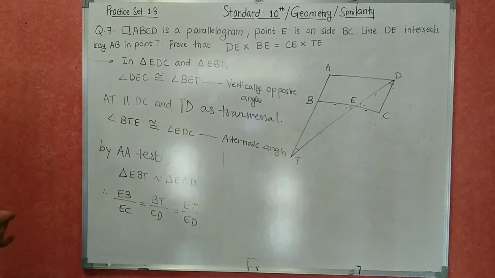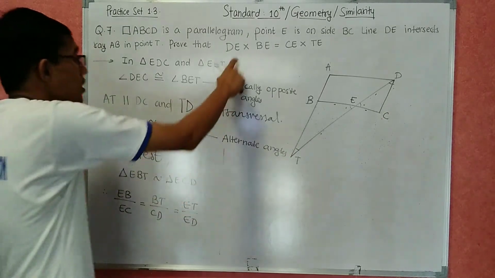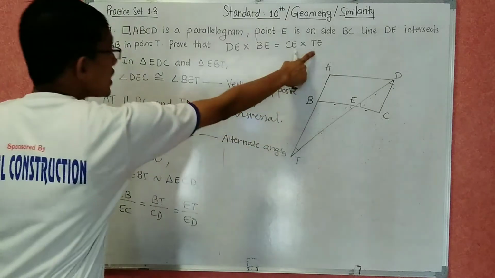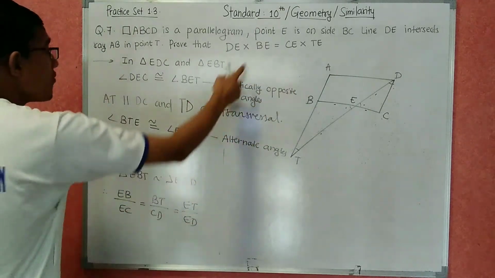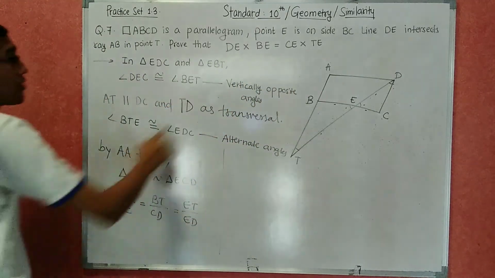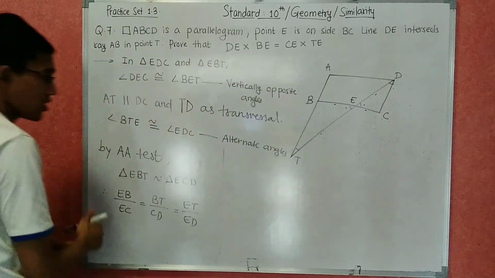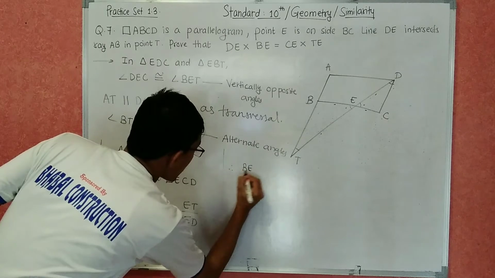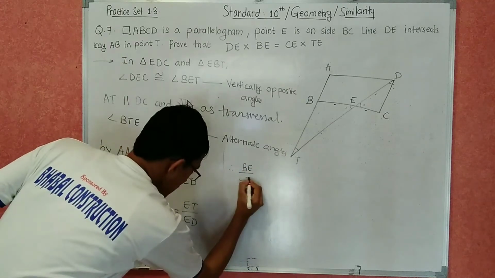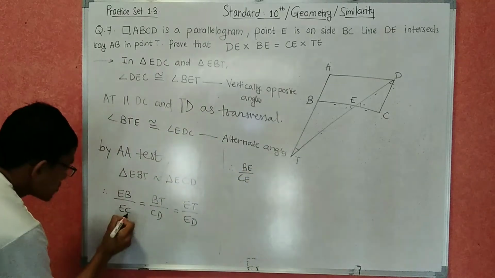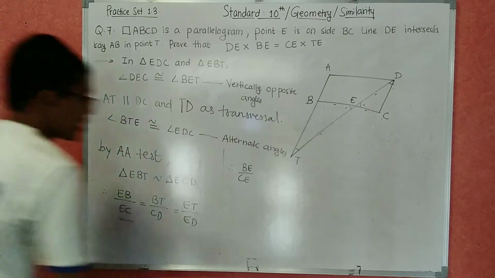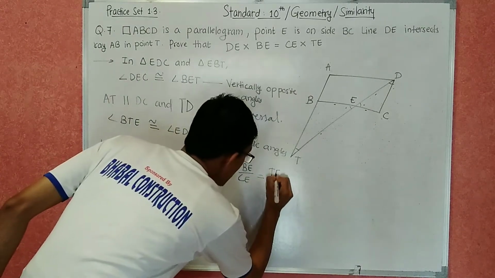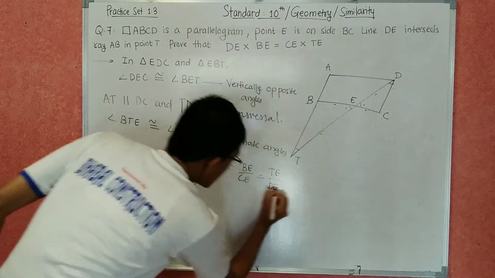Now what we need is DE, TE, BE, and we also need CE. So therefore BE upon CE, this particular ratio, is equal to this ratio, that is TE upon DE.